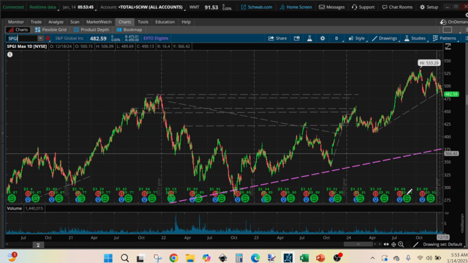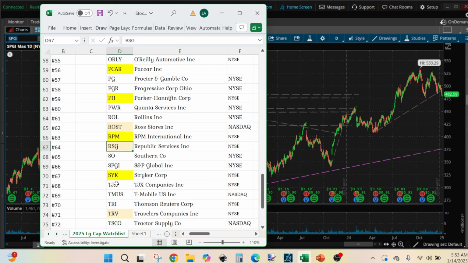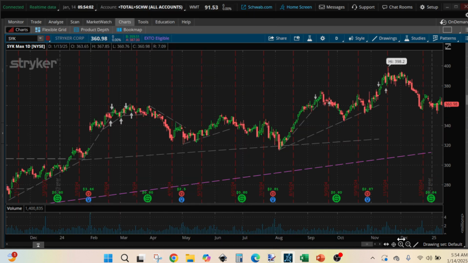The next one is SYK. We have it in our portfolio. We bought it somewhere there, and we're not going to buy it, but again, it's not even close to the trend line there until we sell it.